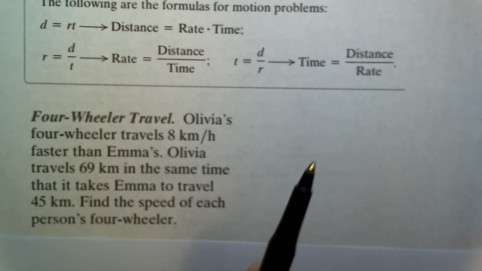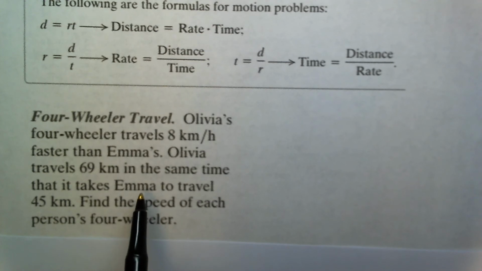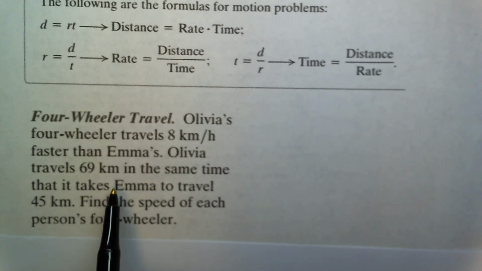Four-wheeler travel. Olivia's four-wheeler travels 8 kilometers per hour faster than Emma's four-wheeler. Olivia traveled 69 kilometers in the same time it takes Emma to travel 45 kilometers. Find the speed of each person's four-wheeler.